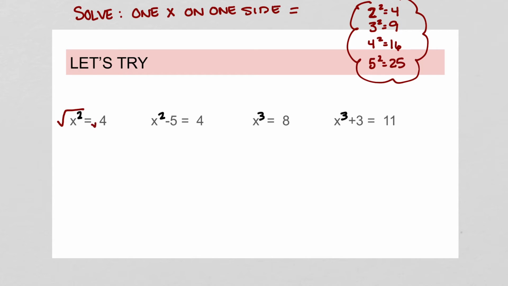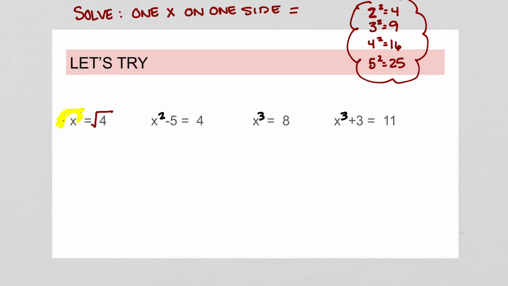I do to one side what I do to the other. This square root counteracts the squared. It's going to get rid of the squared, and it's going to get rid of itself. That's like when we add and subtract at the same time, they go away.